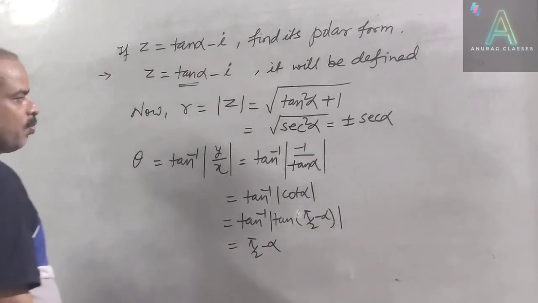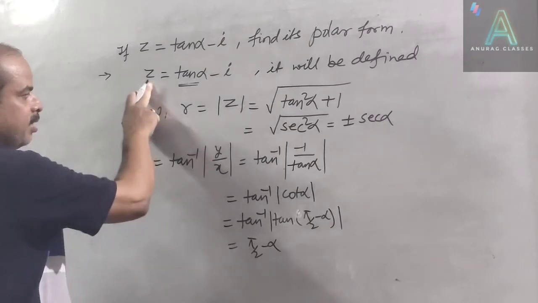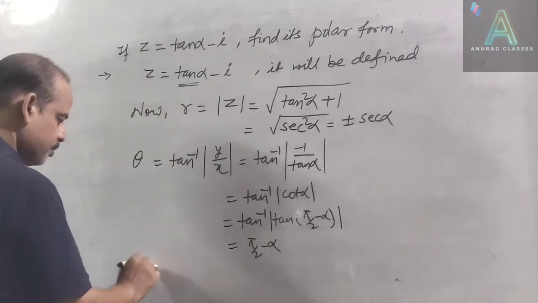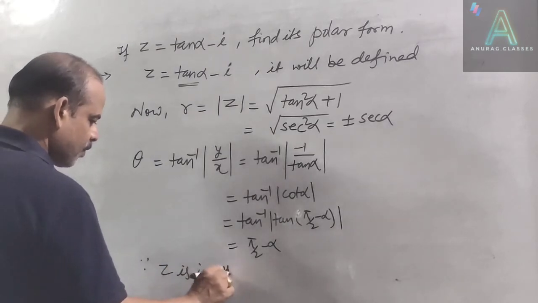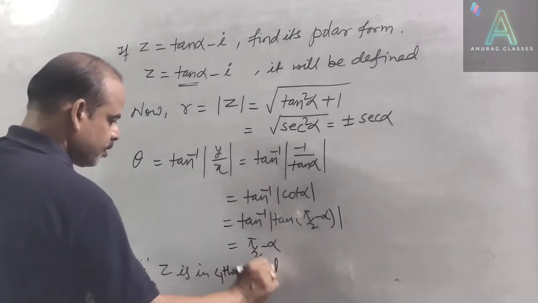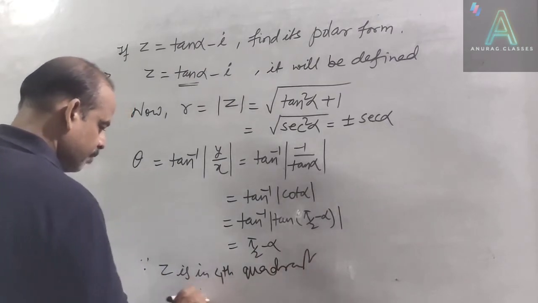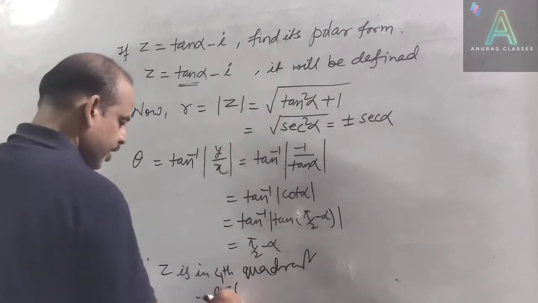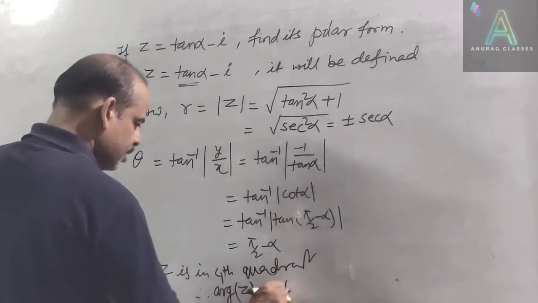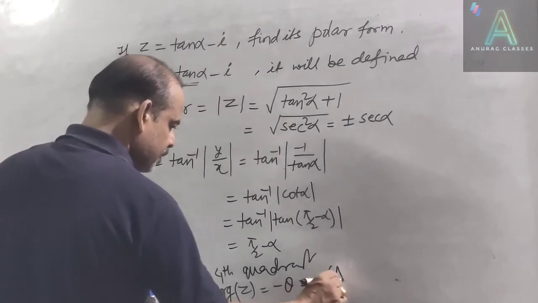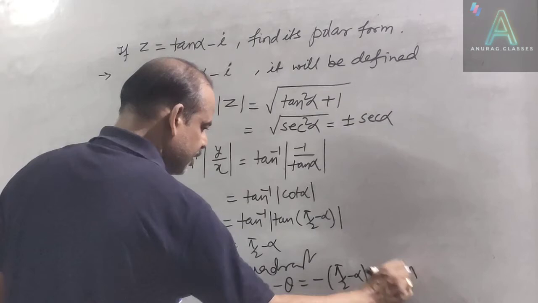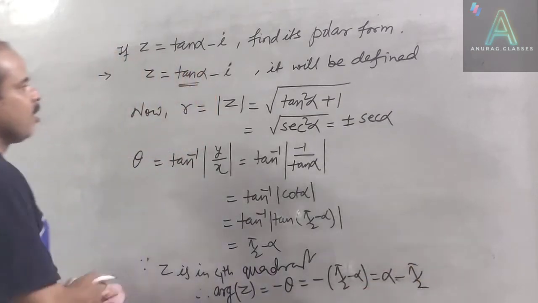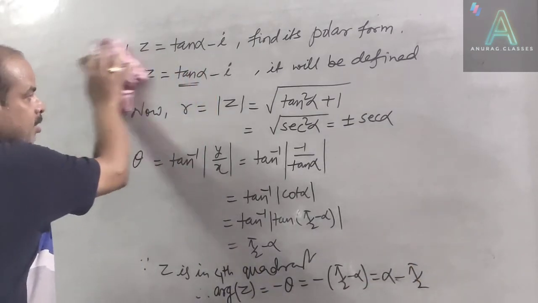But since we have seen that this z lies in fourth quadrant, therefore argument of z will be minus theta, that is minus (pi by 2 minus alpha), which gives you alpha minus pi by 2. So I am going to erase the upper side.